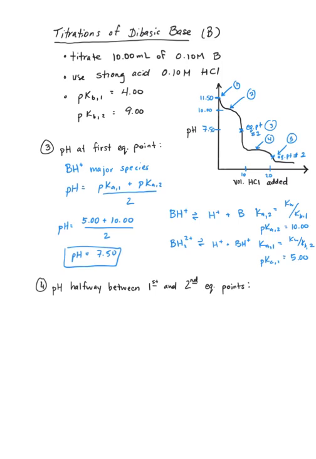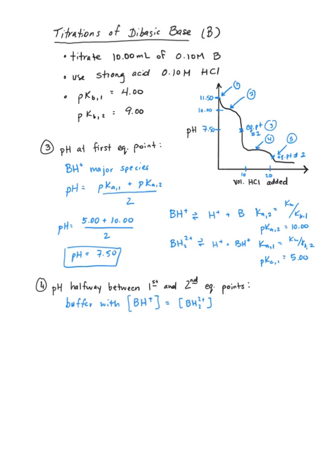The pH at the point halfway in between the first and second equivalence points, point number 4 on the titration curve, is once again a buffer. This time, this buffer consists of BH+ and BH2+. The concentrations of these things, like in the buffer in region 2 that we saw earlier, must be equal for the same reason as we discussed earlier.